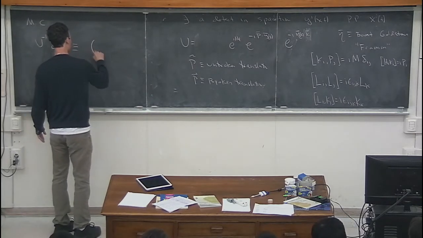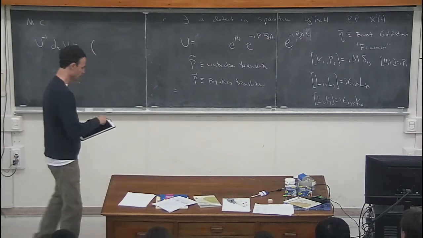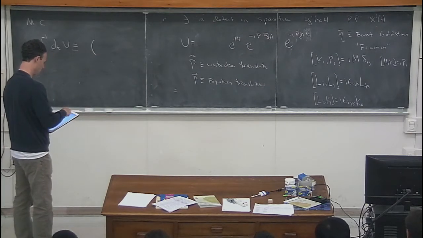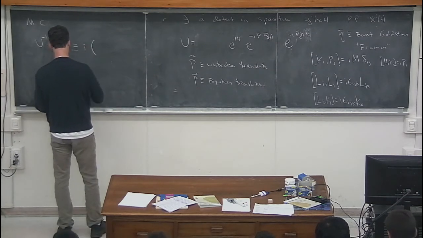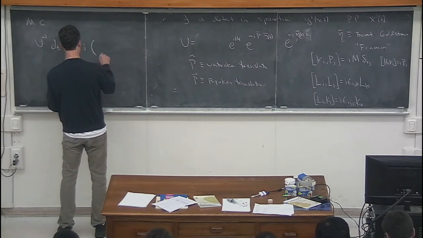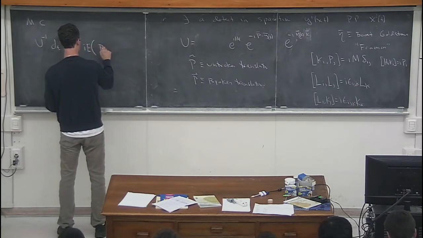Well, we still have the covariant derivative and the gauge field, and there's one additional piece to it, which in this case turns out to be trivial. And now I'm going to put in an E here, and I'll explain what this E is in a second.